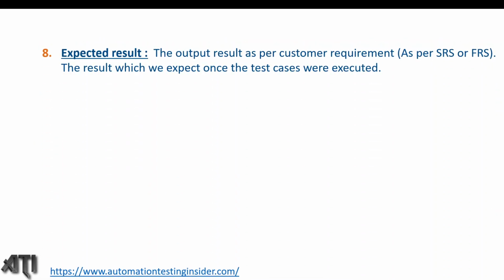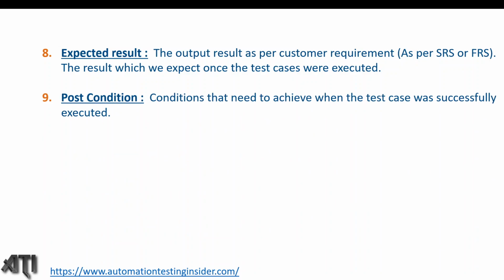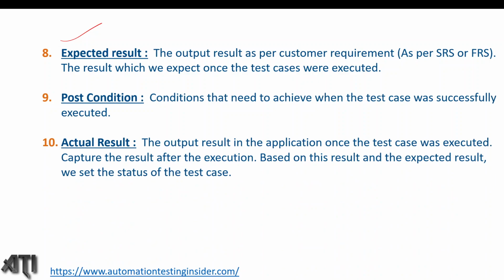Expected result. The output result as per requirement, as per SRS or FRS, the result which we expect once test cases were executed is called expected result. We have post conditions that need to be achieved when test cases are successfully executed. Actual result. The output result in the application once test cases were executed, and we capture the result after the execution.